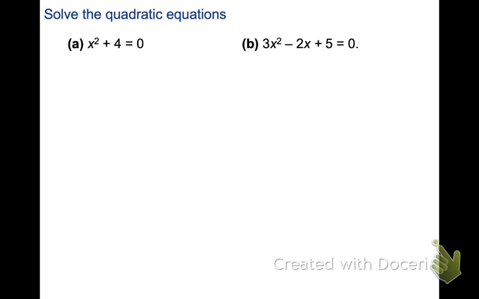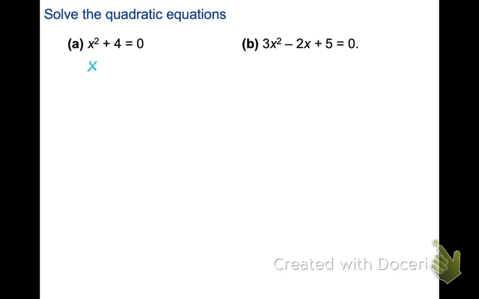Okay, so solve the quadratic equation. Well, we would factor, yes? But the first one you cannot factor because it is not a minus, it is a plus. So I can't say x plus 2, x minus 2, can I? Okay, so let's take a little bit different approach.